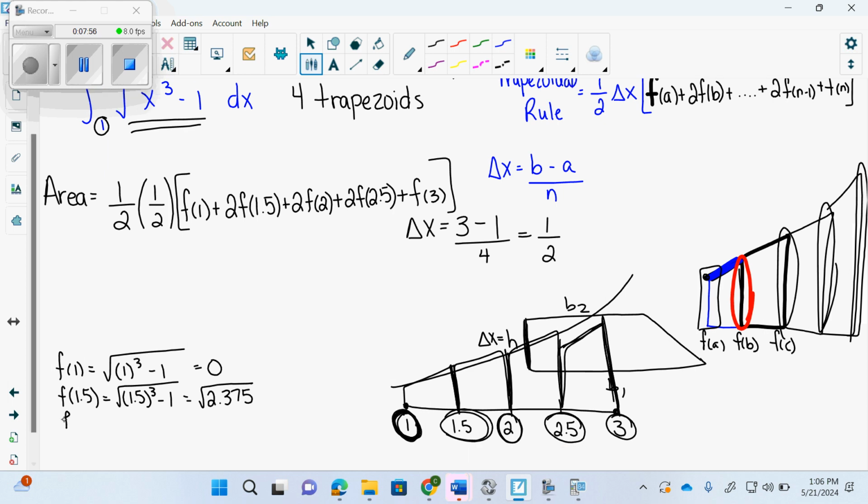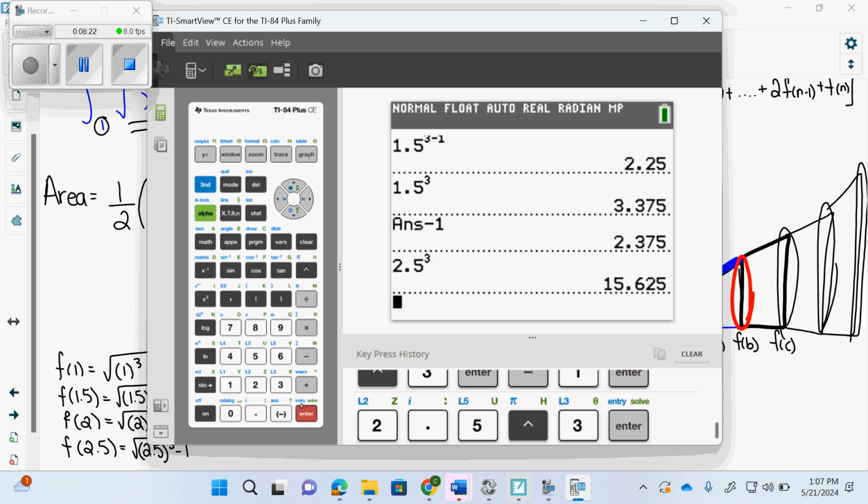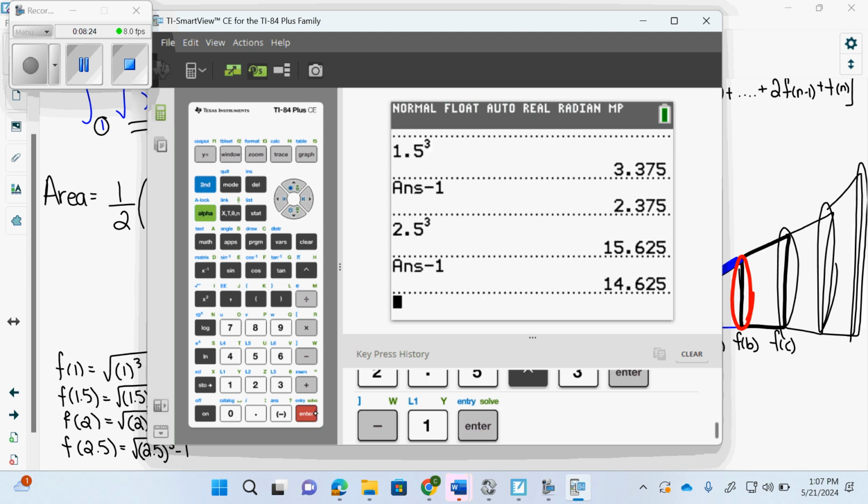Then f of 2 is the square root of 2 cubed minus 1, which is the square root of 7. F of 2.5 equals the square root of 2.5 cubed minus 1. So it's 14.625, because I have to subtract 1.